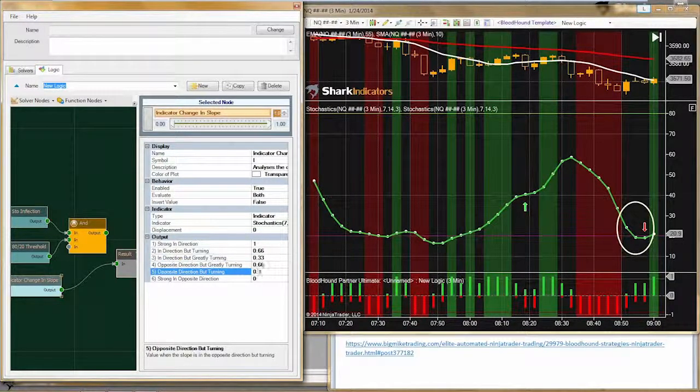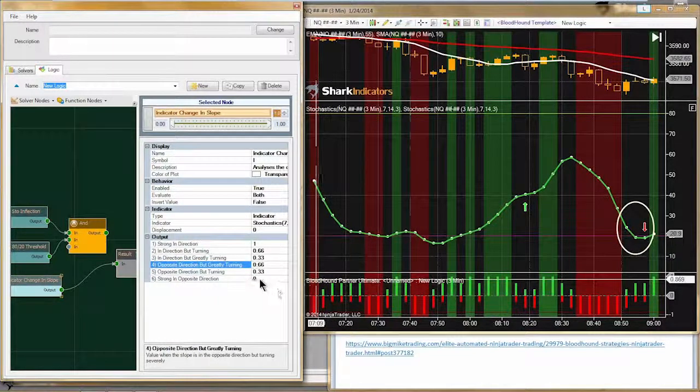I'm going to reset those. There's the default setting.